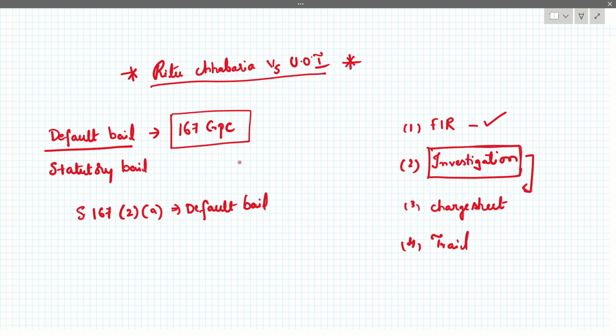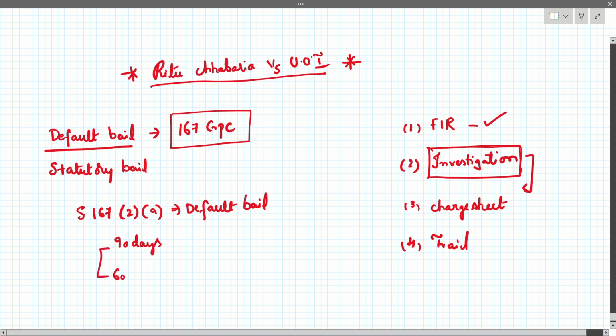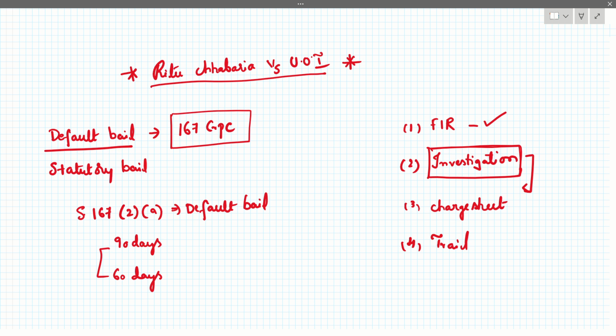Under section 167 subsection 2 and 2A, the magistrate can authorize a remand of 90 days or 60 days. That means an accused can be kept in either police custody or judicial custody for 15 days at a time, and vice versa, police custody and then judicial custody and then police custody again, like that for up to 90 days or 60 days.